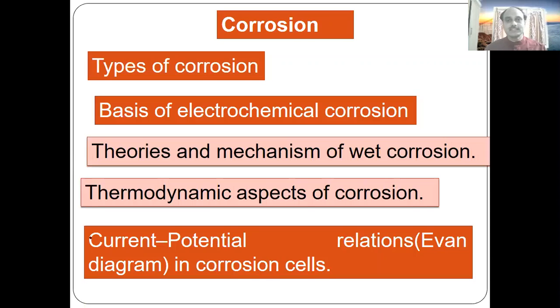Next, after this, we are moving to the last chapter of the electrochemistry, that is the corrosion. In corrosion, you know, the corrosion is a very unavoidable phenomenon in nature.